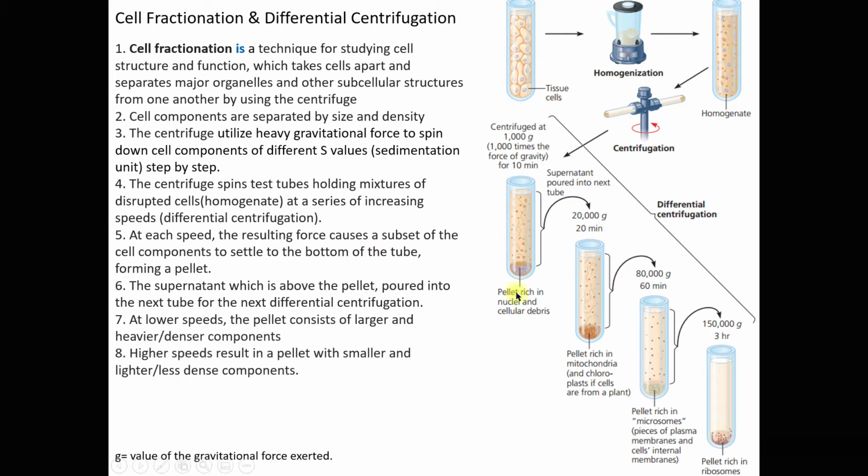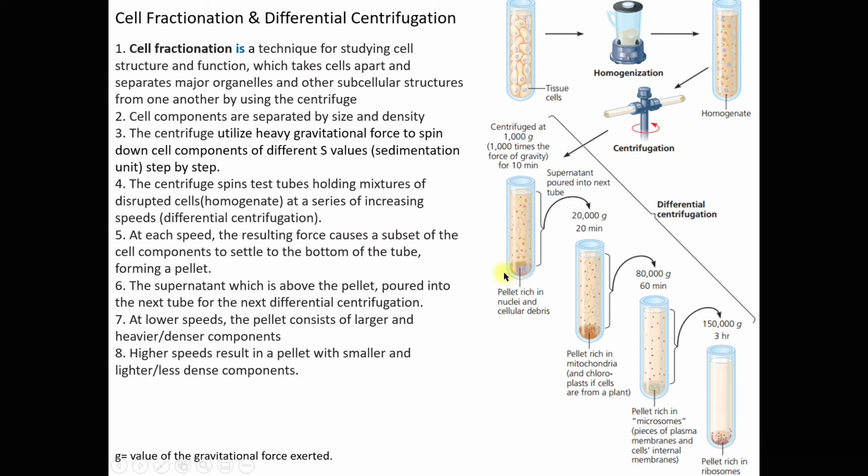Now, let's further discuss the outcome of this differential centrifugation. At lower speeds, centrifuged at 1000 G, where G means force of gravity, the lowest speed, the pellet will consist of larger and heavier, or denser, components.